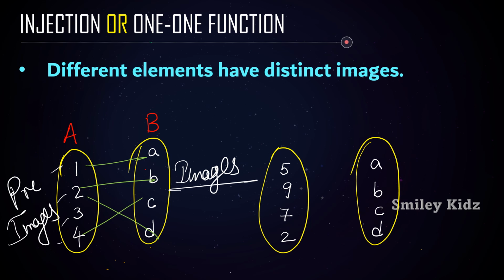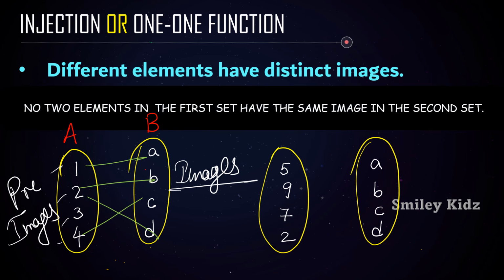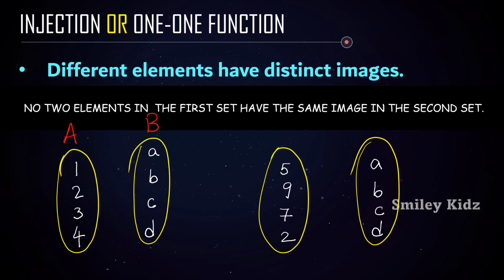What does this mean? Let me put a layman definition. No two elements in the first set have the same image in the second set. That means here I have 1 and 2. The 1 and 2 cannot be mapped with A only.